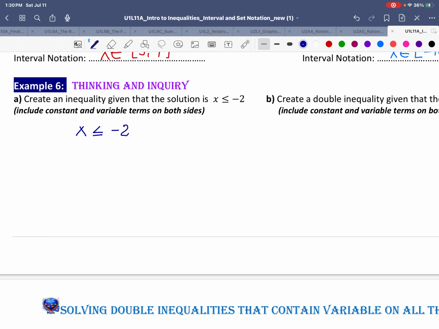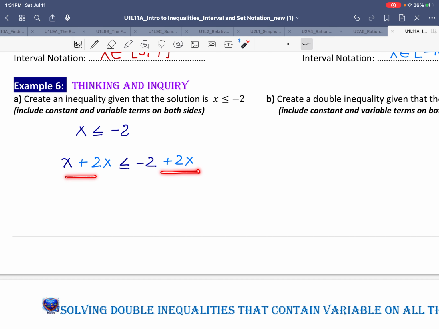So if we want to have variables on both sides, then you can add variable terms to both sides of this inequality. And the inequality still holds true because we've said before that in an inequality, you can add the same term to both sides and it still remains the same. Now, if you want to have constants as well, let's simplify this. This would be 3x less than -2 plus 2x.